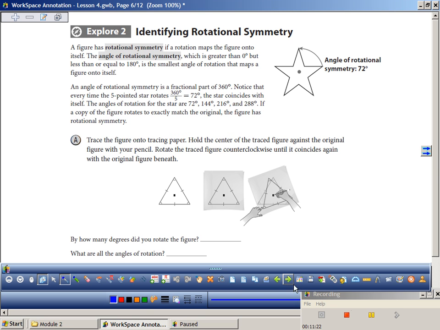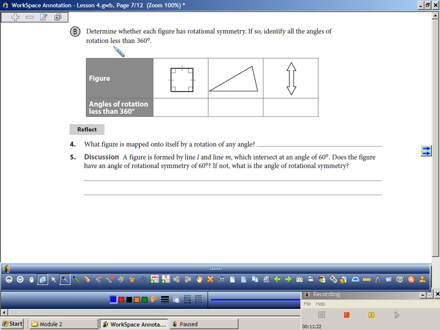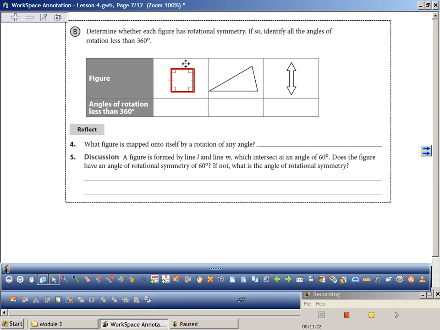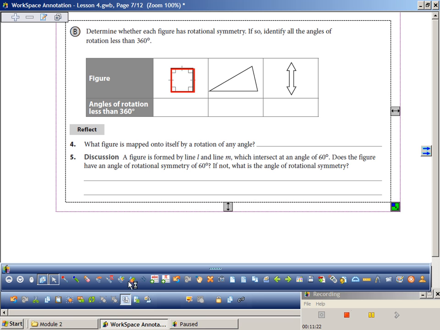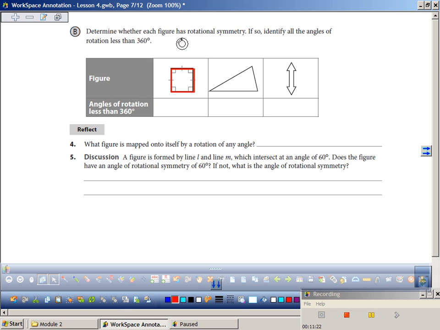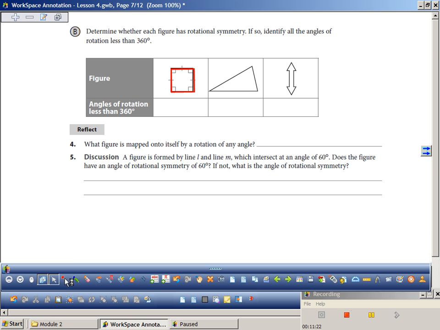All right, let's do this one. This time we're talking about rotational symmetry. So, what are the angles of rotation for this one? If I make myself a copy of that image and I rotate it, you have to put the little dot on it again, right?